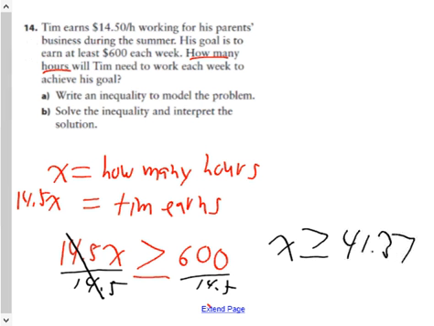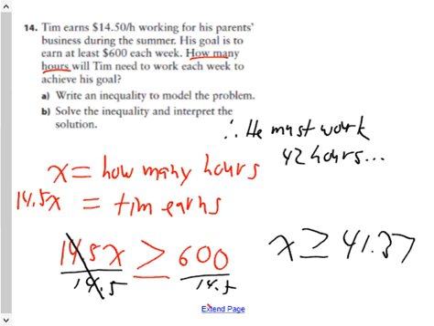And since you can't work a part of an hour, therefore, he must work 42 hours to save up enough money. If he works 41, he doesn't have enough, and they're not going to pay him for 37% of an hour.